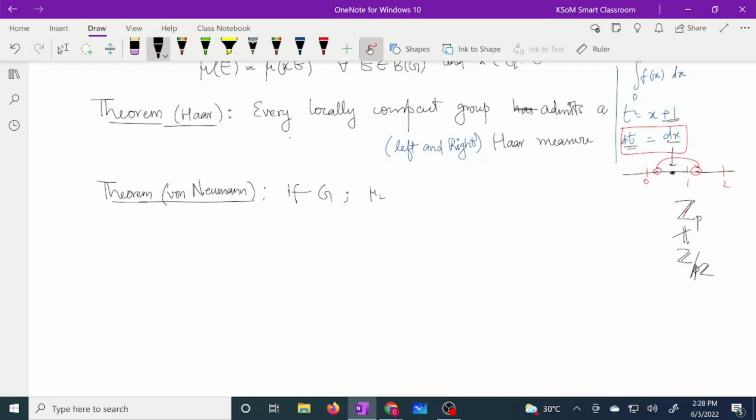So mu_L and mu_L prime are two left Haar measures on G. Then there exists a constant lambda such that mu_L of E is equal to lambda times mu_L prime of E for every E in your Borel sets.